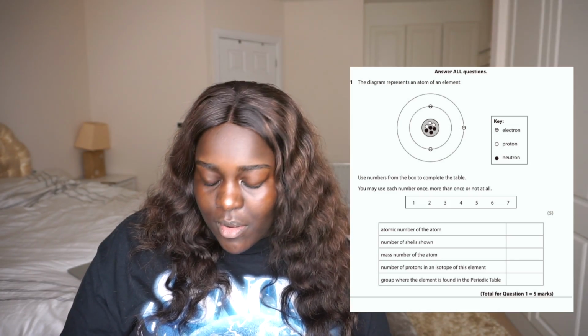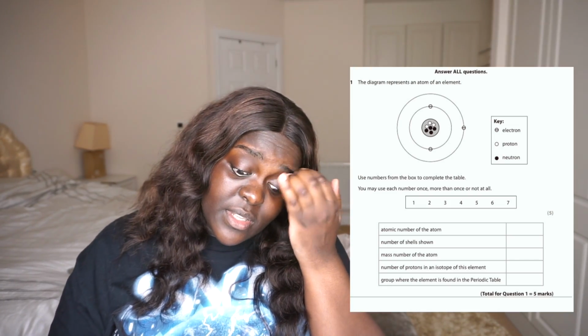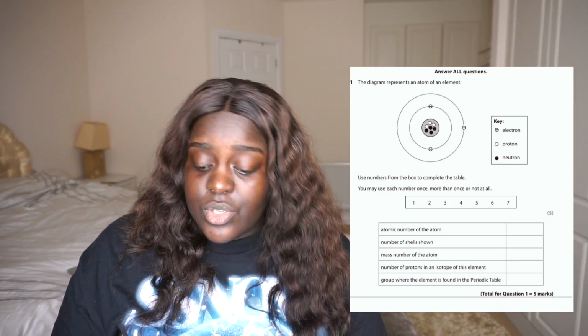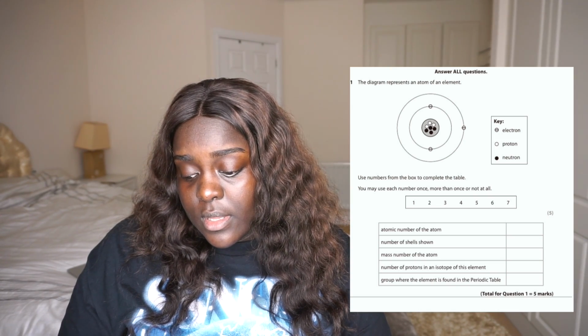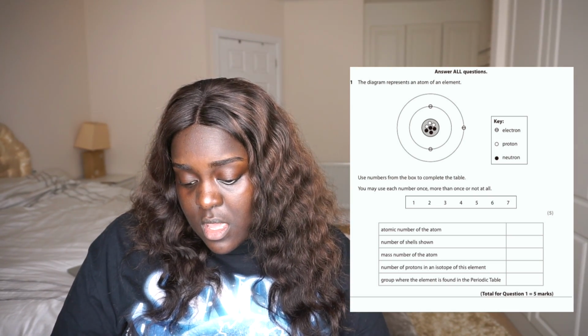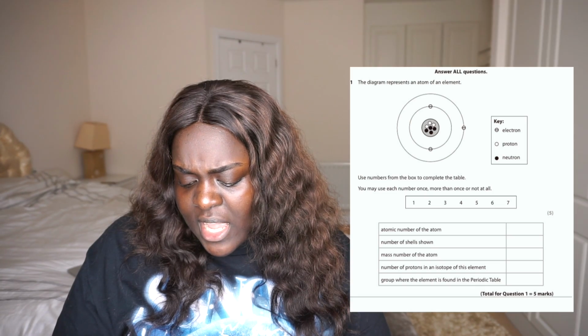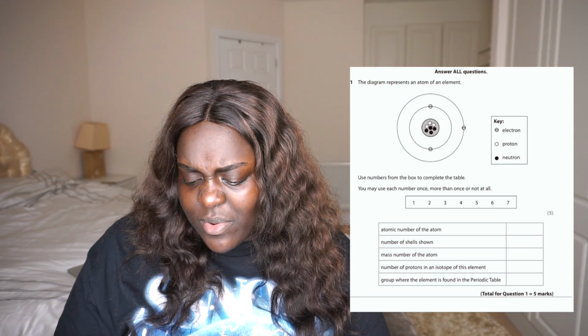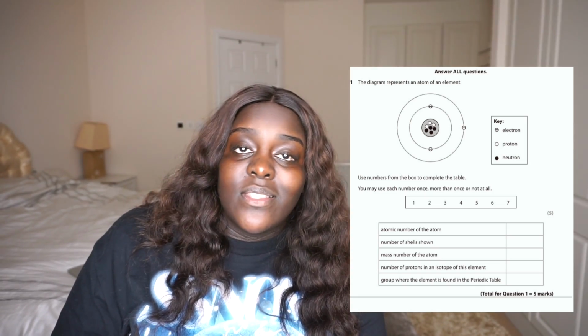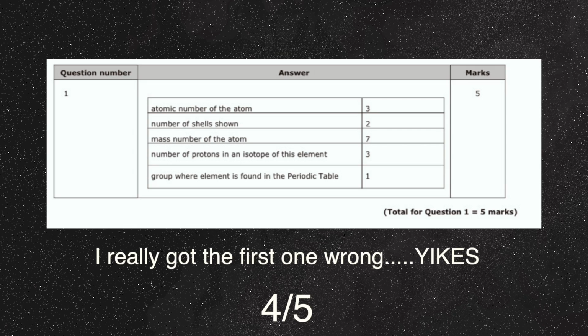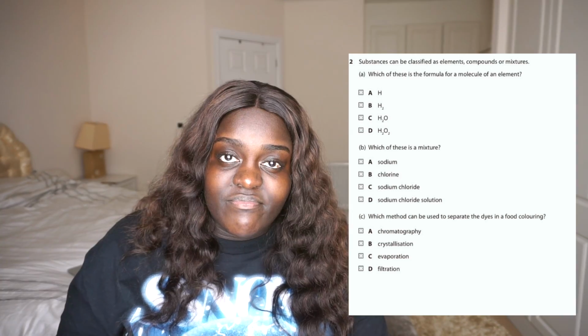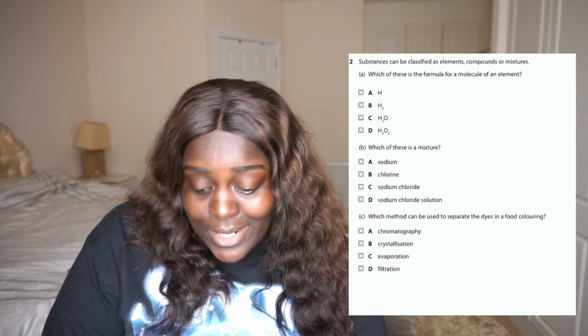An isotope always has the same number of protons, so let's go 3. Group where the element is found in the periodic table. 1 electron on the outside, so let's just say 1. It is what it is.